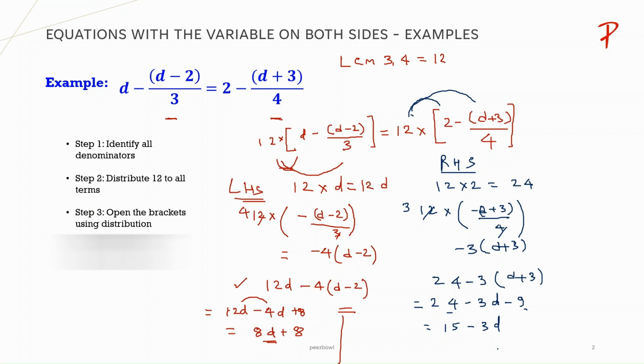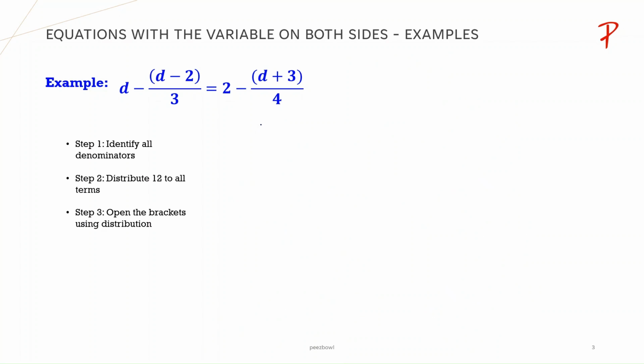On the RHS we get 15 minus 3d, and on the LHS we get 8d plus 8. Now the equation is simplified to 8d plus 8 equals 15 minus 3d.